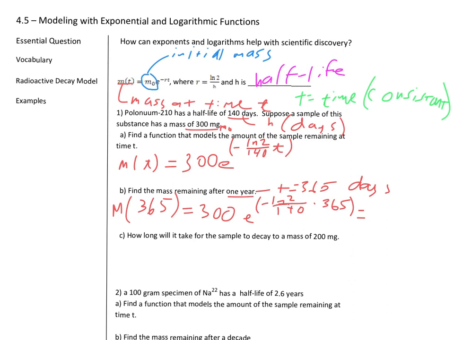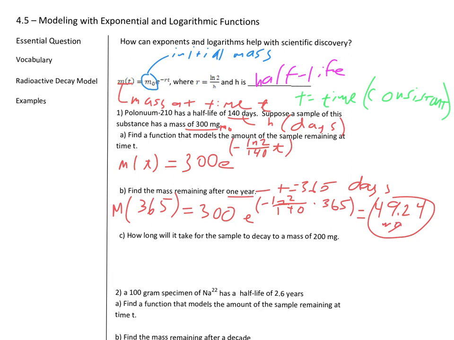If you're going to use Desmos, you can actually just type the button E for E. If you are using your calculator, it's second ln will give you the E button there. Okay. All right, so when I get this out here, I get just 49.24, let's call it, if we round it to 2 decimal places, and that's in milligrams is the mass here, just kind of the same as it was in the original.